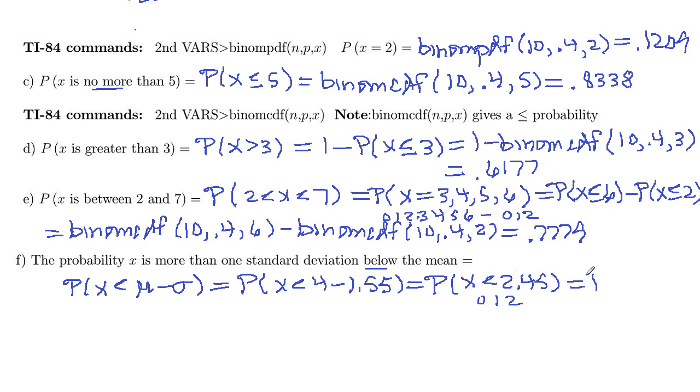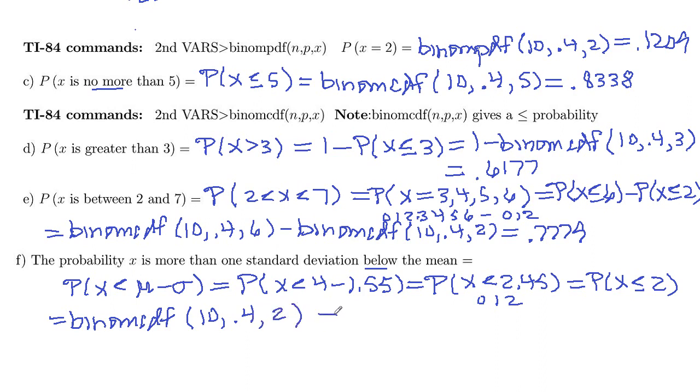So this is the same thing as the probability that x is less than or equal to 2, and then we can get that with binomial CDF. So this will be binomial CDF, 10 is our trials, 0.4 success, and we're summing up to x equal 2.